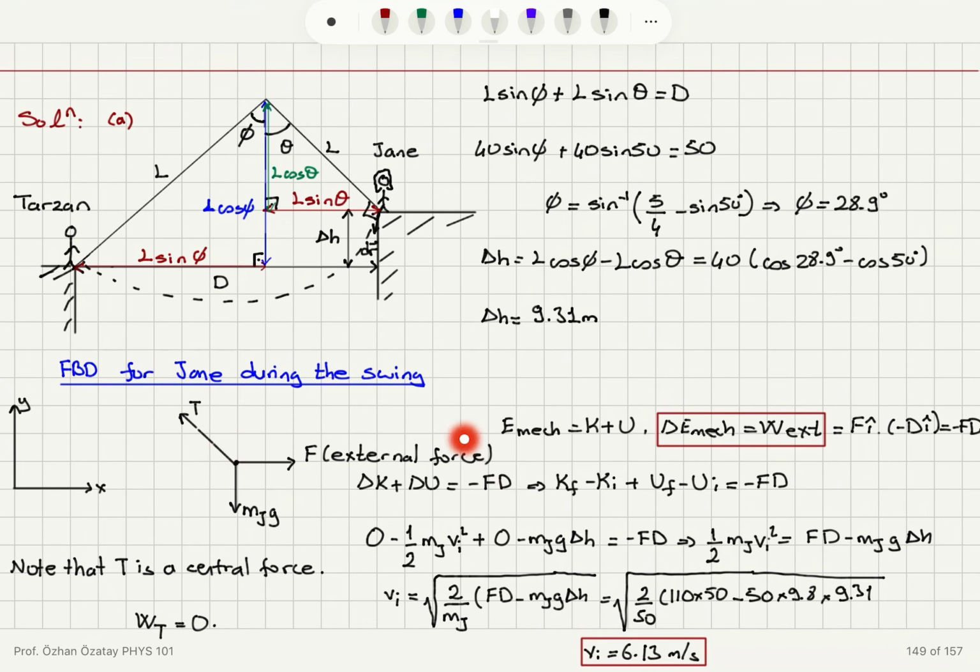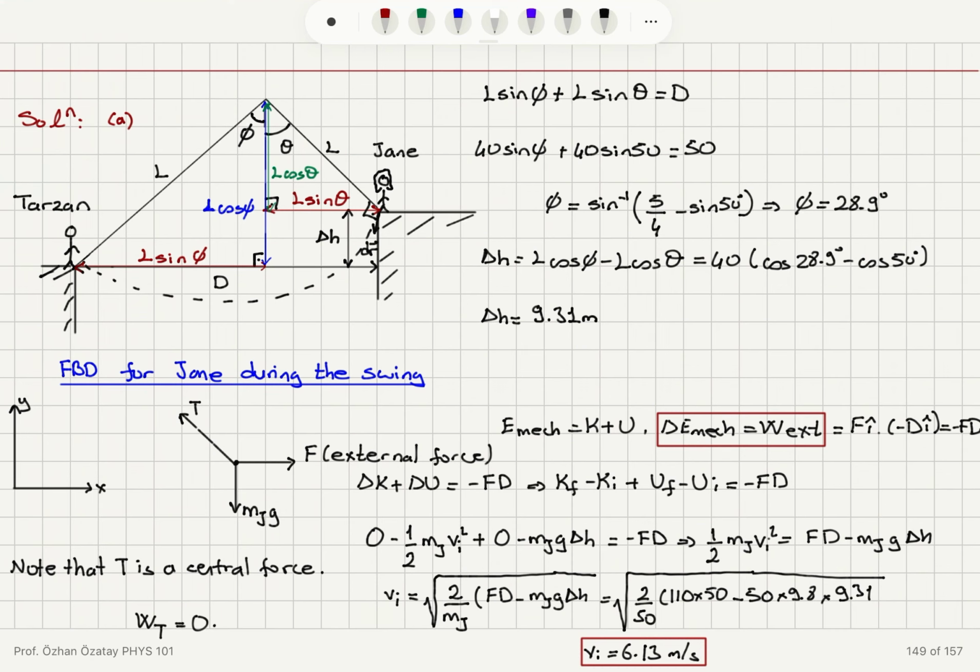Because I have an external force acting on the system, this is going to change the mechanical energy of the system. Kinetic energy plus potential energy will be changing due to the work done by this external force, minus Fd. Since the tension is a central force, it's always perpendicular to the path that Jane is following, so the work done by tension is 0.